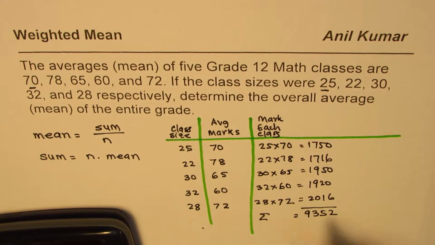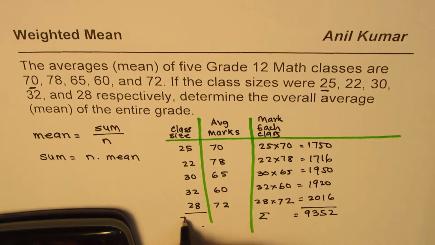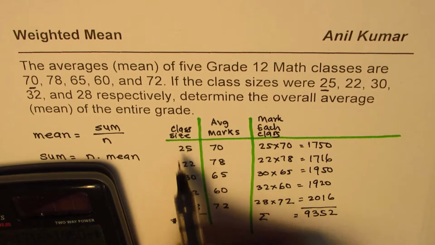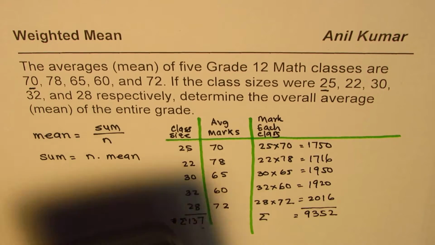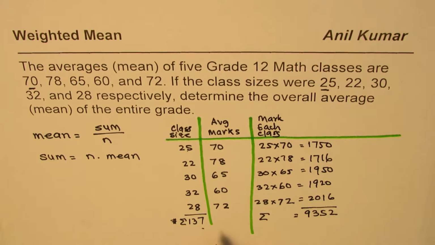And how many students are there? So we can sum the numbers. Total number of students here are 25 plus 22 plus 30 plus 32 plus 28. That gives us 137, right? And now we can find the overall average or overall mean, correct?